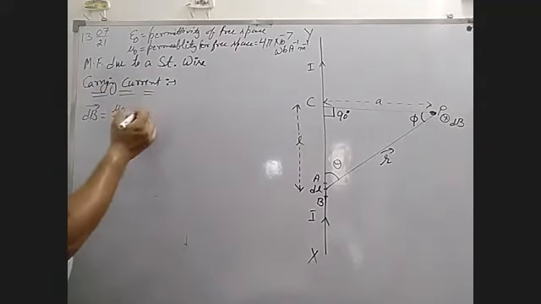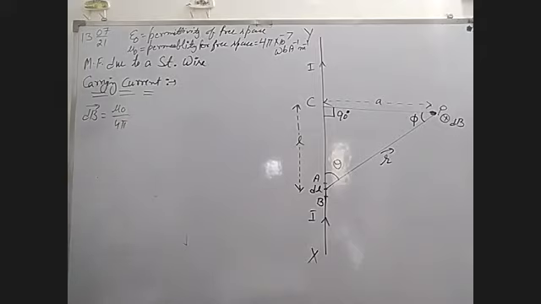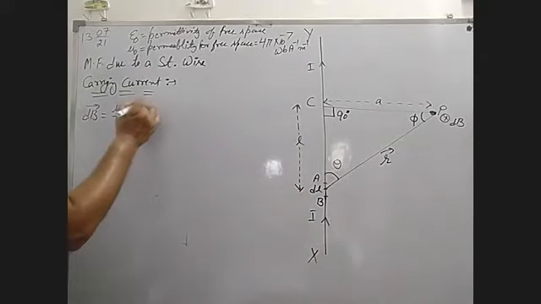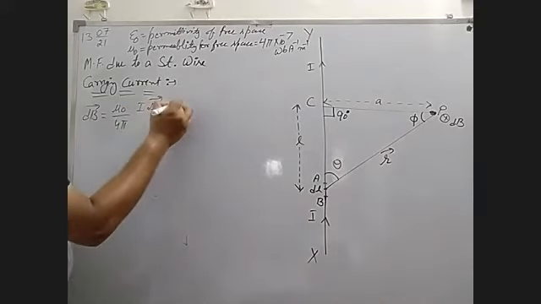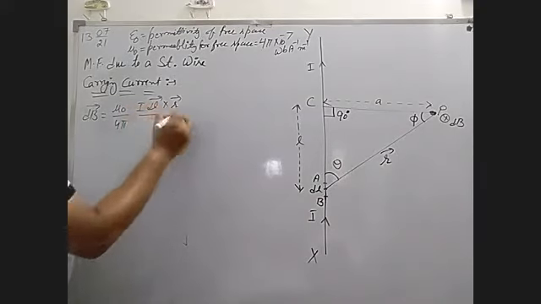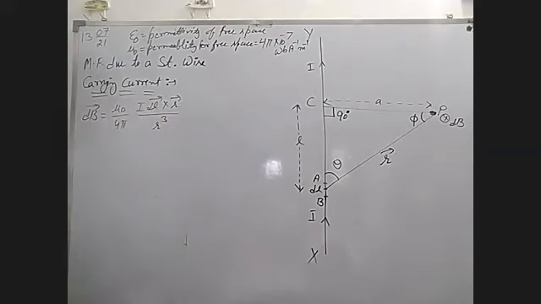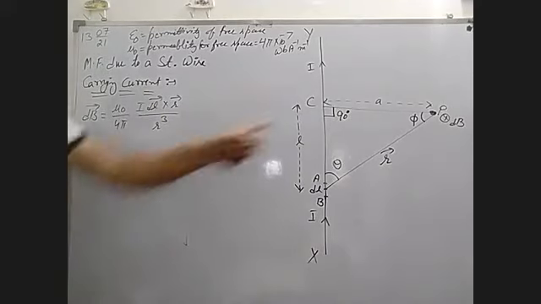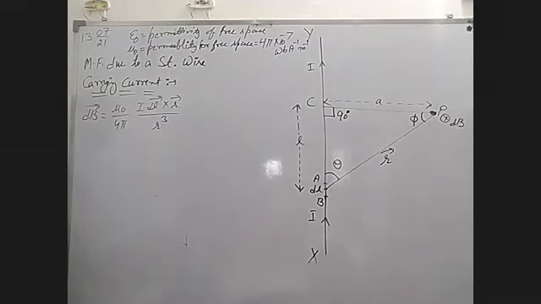Now the formula is mu naught upon 4 pi, applying the Biot-Savart law, I dl cross r vector upon r cube. This is the Biot-Savart law, which you have to apply here for calculating dB.